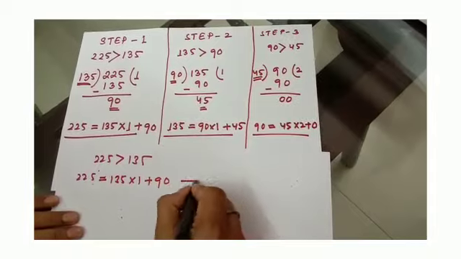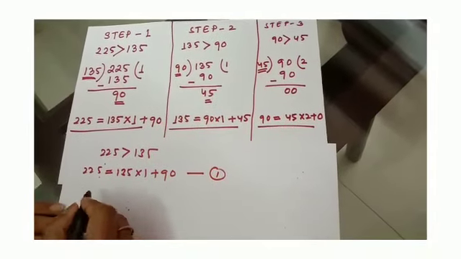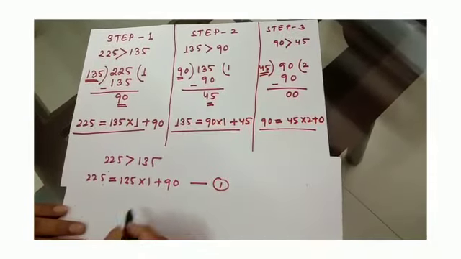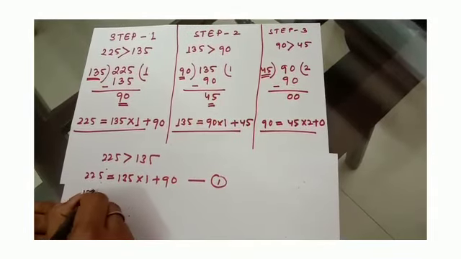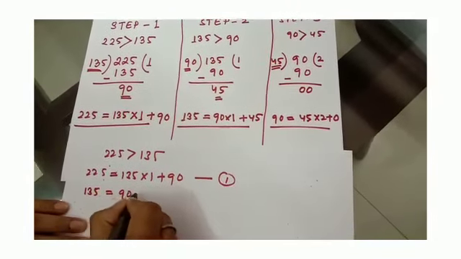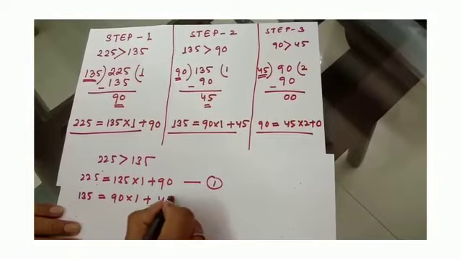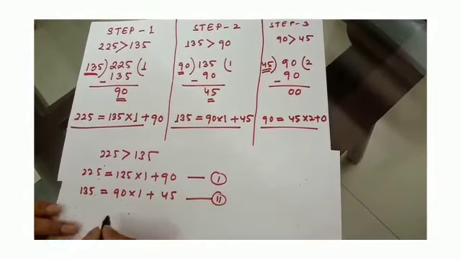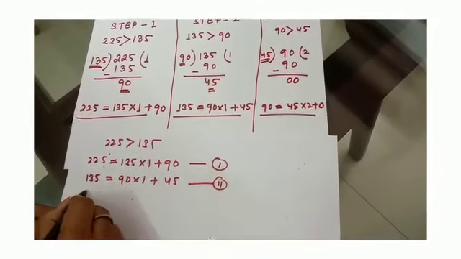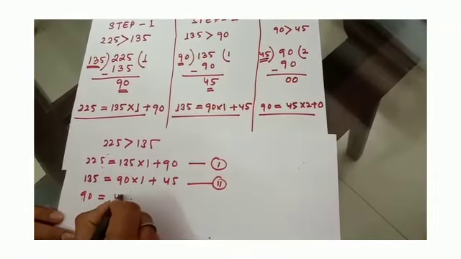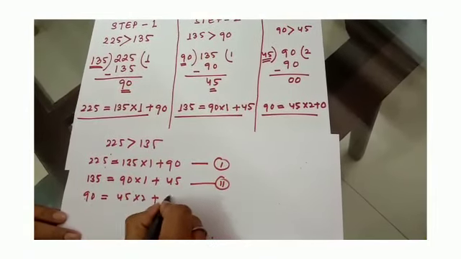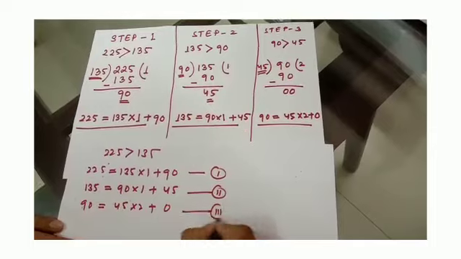This is step 1. Again, in the second step, 135 is equal to 90 into 1 plus 45. This is the second step. And in the third step, 90 is equal to 45 into 2 plus 0. This is the third step.